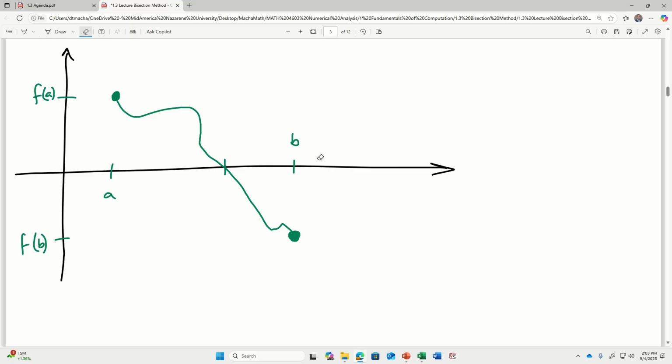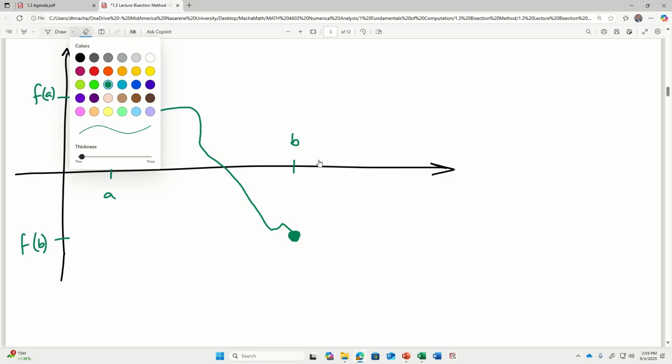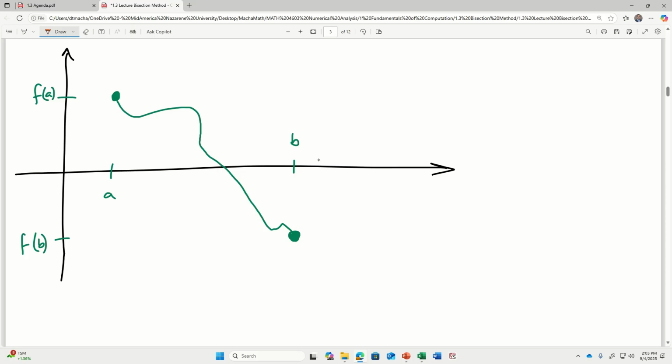suppose I don't know what this function is, so I can't see with my eyes exactly where this is happening. What I would do next, knowing that f of a is positive and f of b is negative, is I would cut this interval in half right here.